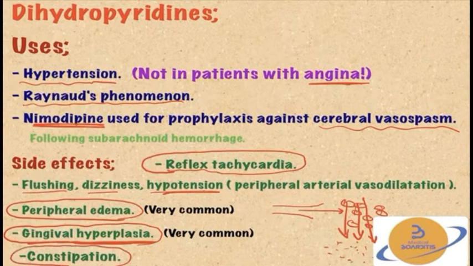Methyldopa is contraindicated in depression, active liver disease, porphyria and pheochromocytoma. So these are the contraindications of methyldopa.